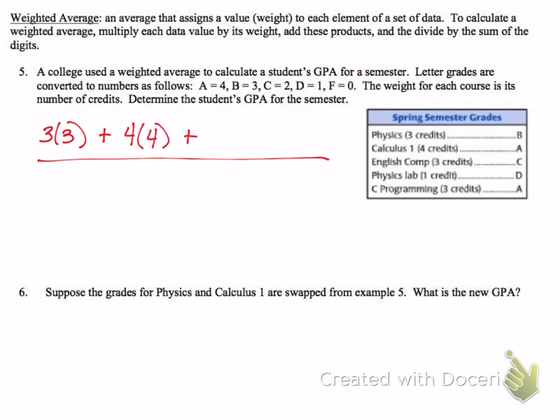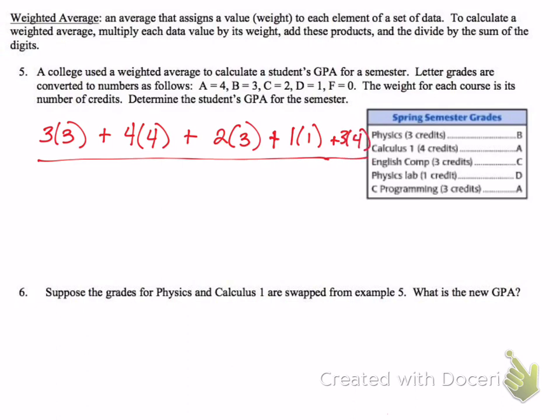In English comp, I made a C, so how many credits is that worth? 2, and then that's 3 credits. In physics, I did not do so well. I got a D, so that's 1 times 1. And then computer programming, did well, 3 credits, and I got an A, so 3 times 4.